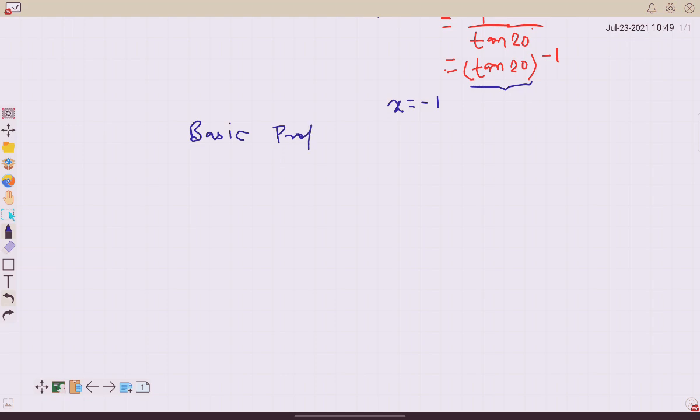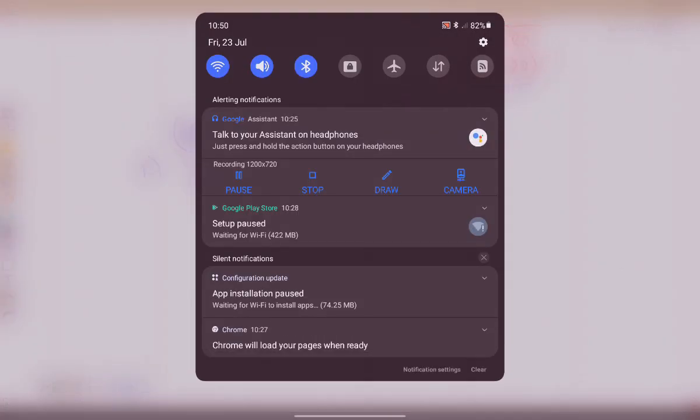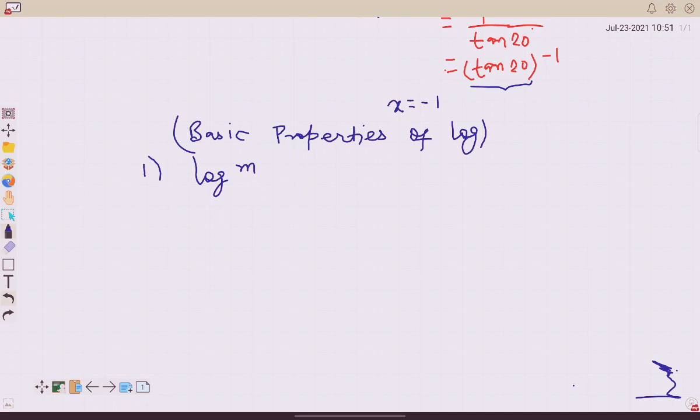Basic properties. First one is, if we have two different logs, the first log is log m and base value is, let's say, a, plus the second log n with base a. Then log m base a plus log n base a is equal to log m into n with base a.